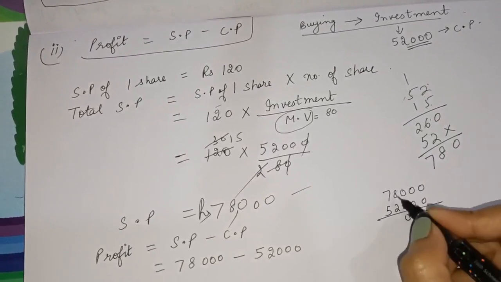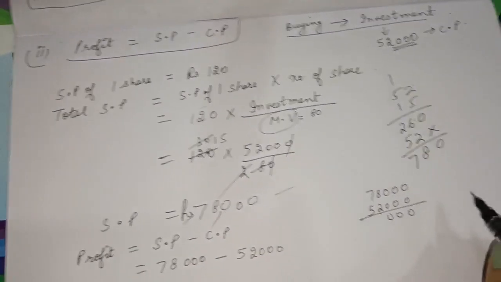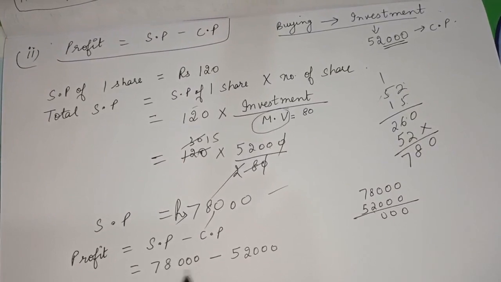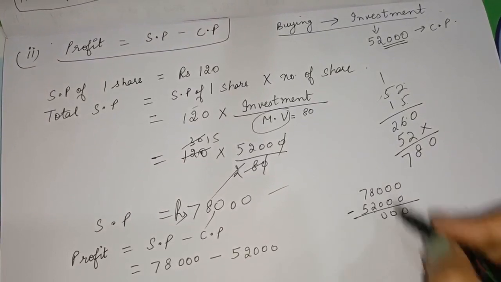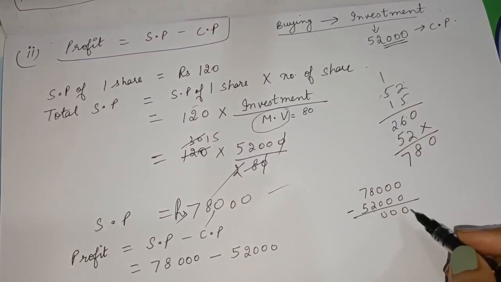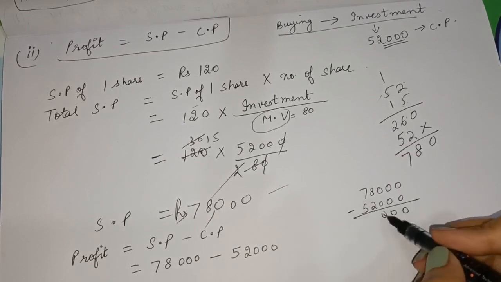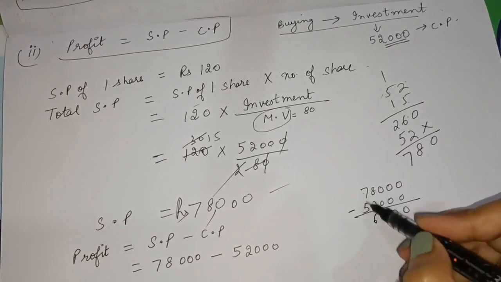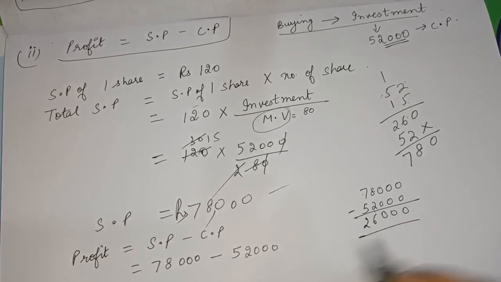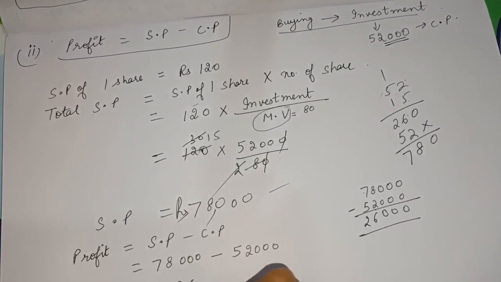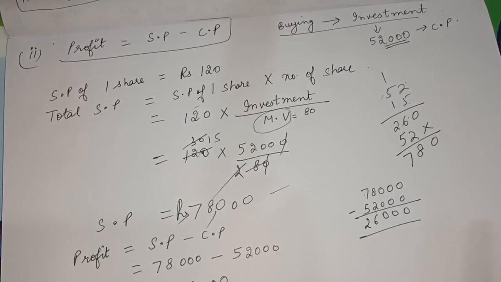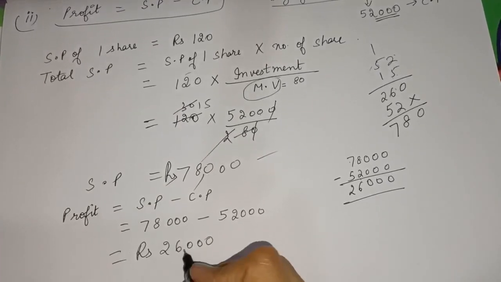You can see each and every calculation I am doing separately, so that when you are doing it in the exam, you can check while rechecking your calculations that everything is done correctly, or if any mistake is there, you can just correct it. 7 minus 5, 2. So profit here is 26,000.